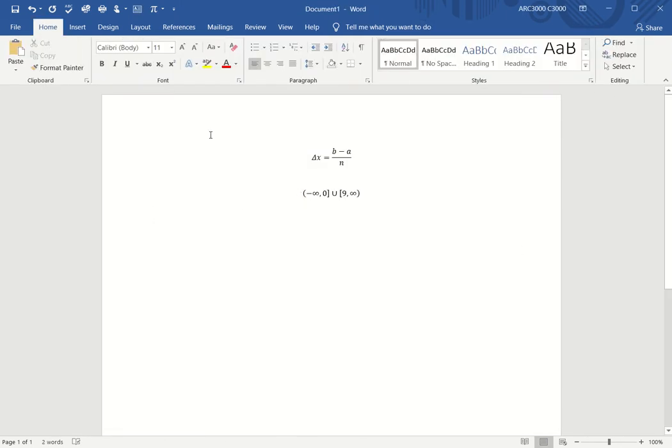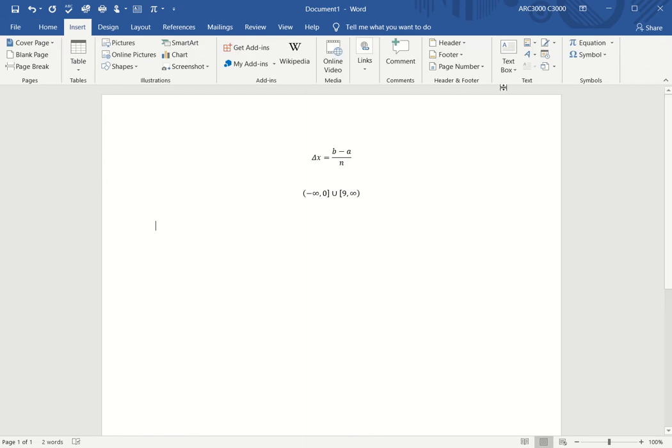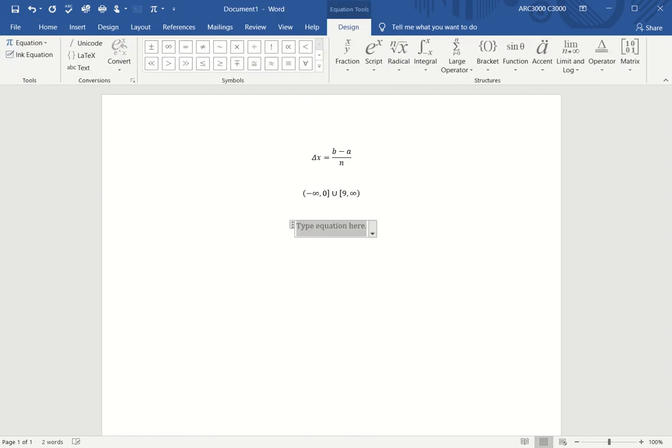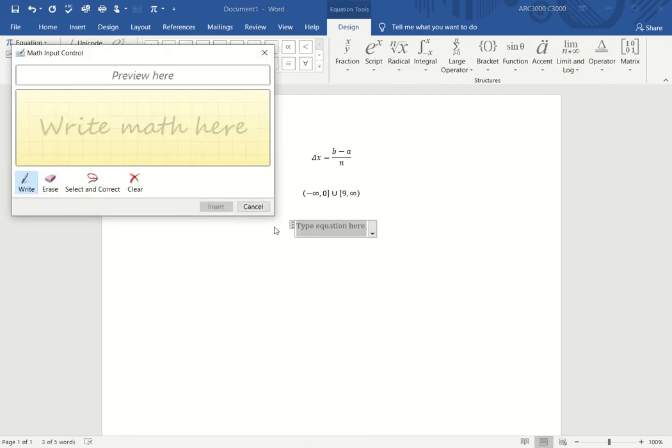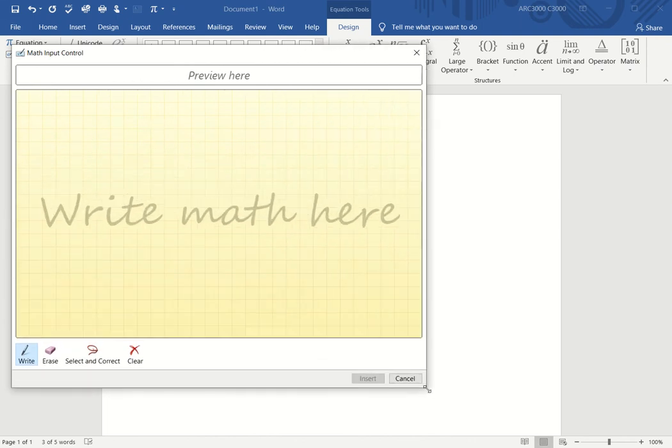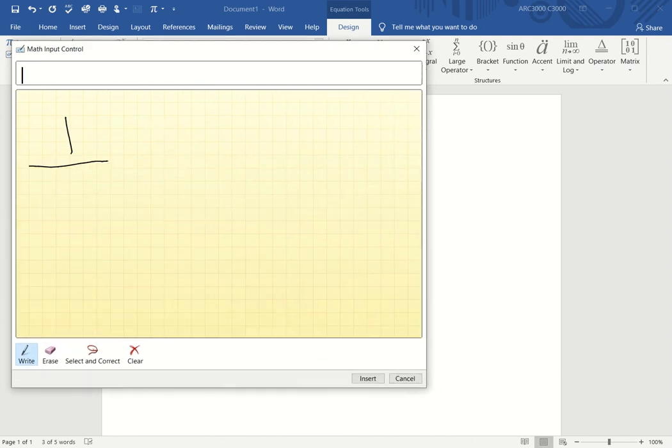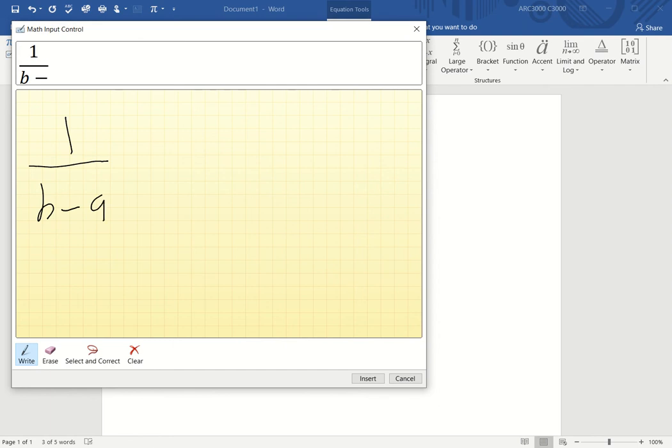Next, I'll also be demonstrating that you can insert integrals. We have 1 over b minus a. Select and Correct. It thinks my a is a 9, and I want it to be an a, so you select the right one.